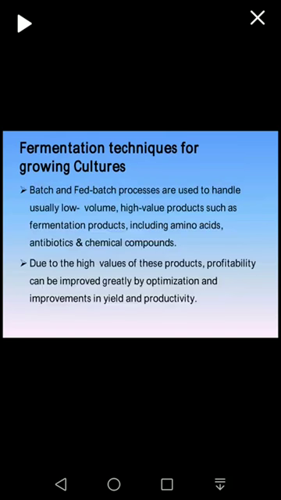So batch and fed batch processes are usually used to handle low volume, high value products such as fermentation products including amino acids, antibiotics, and chemical compounds.